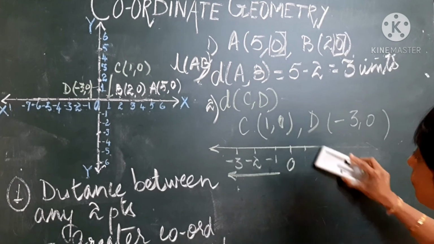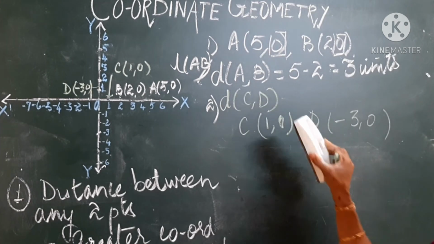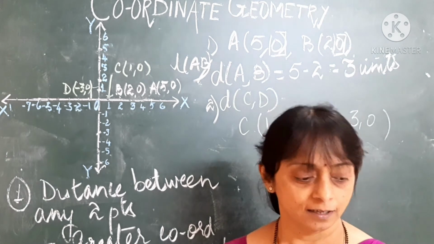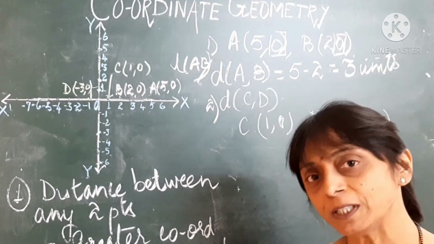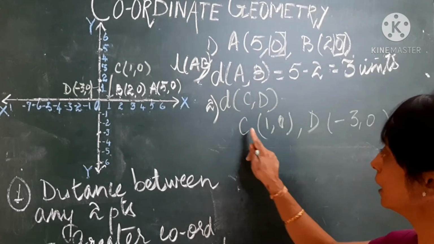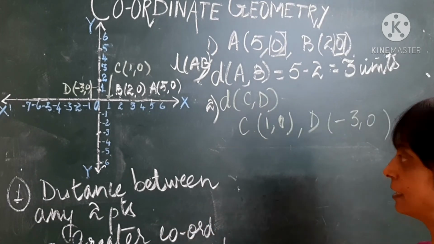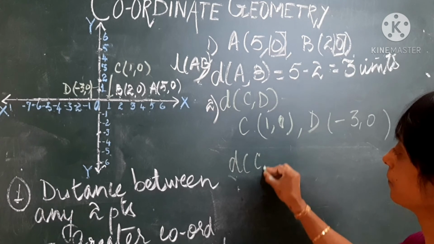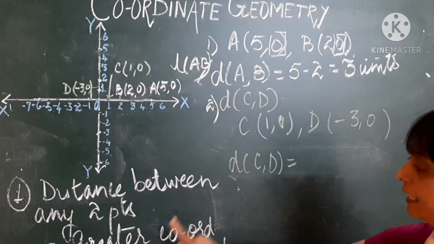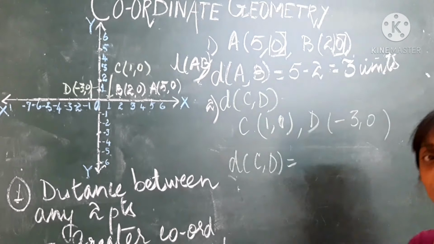As both the points are lying on the x-axis, y coordinates are 0. So we just concentrate on the x coordinates and use this formula to find the distance. Distance CD will be equal to greater coordinate minus the smaller coordinate.